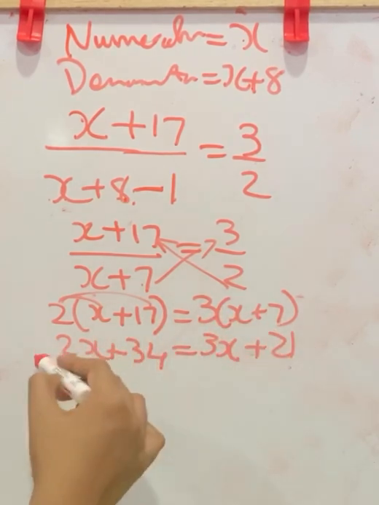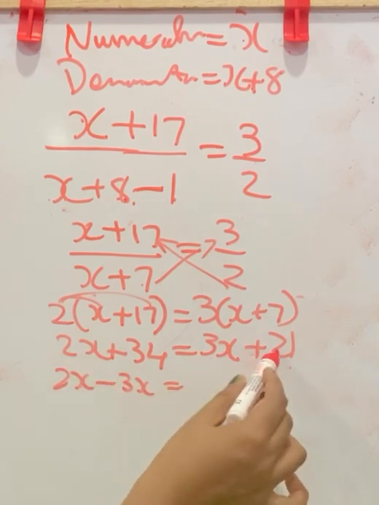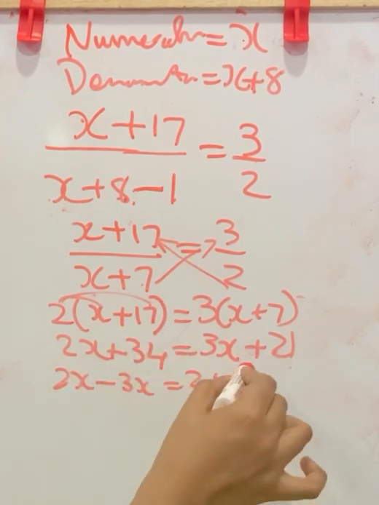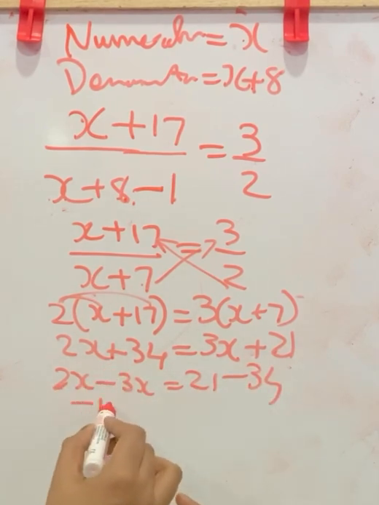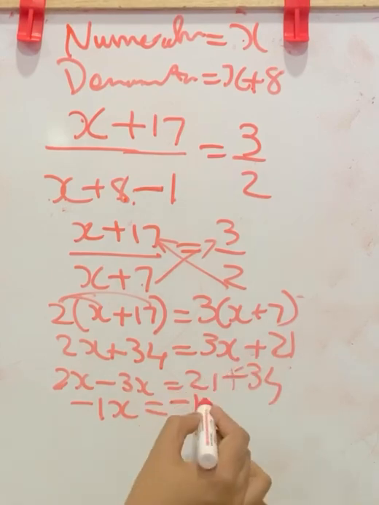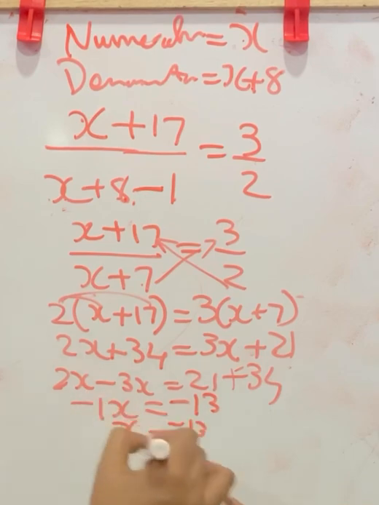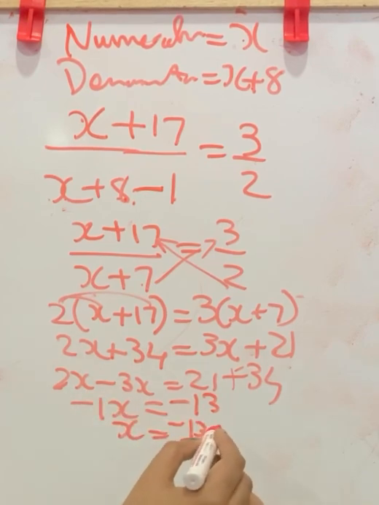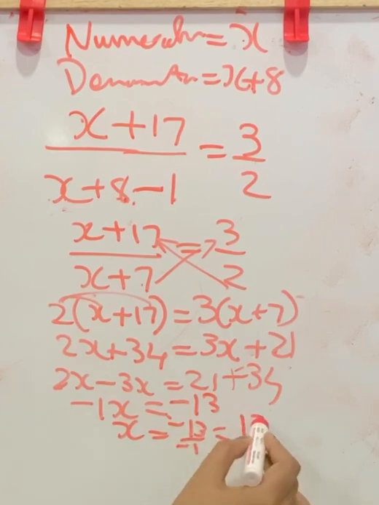Now take x parts to LHS. 2x minus 3x is equal to here 21, this taking to RHS minus 34. 2 minus 3, that is minus 1x is equal to 21 minus 34, again minus 13. Now x is equal to minus 13, this negative 1 taken to RHS by negative 1. Negative and negative becomes positive, 13 by 1 is 13. So the x is 13.